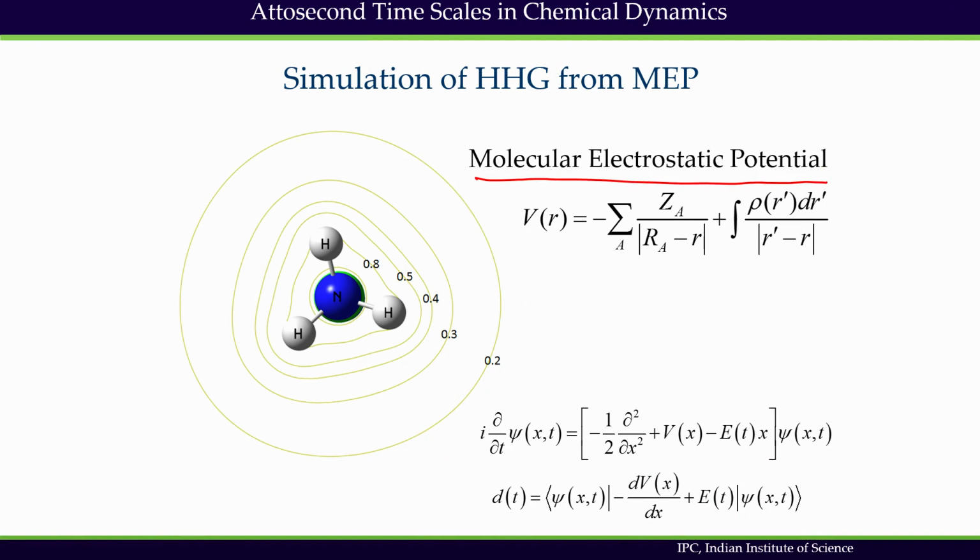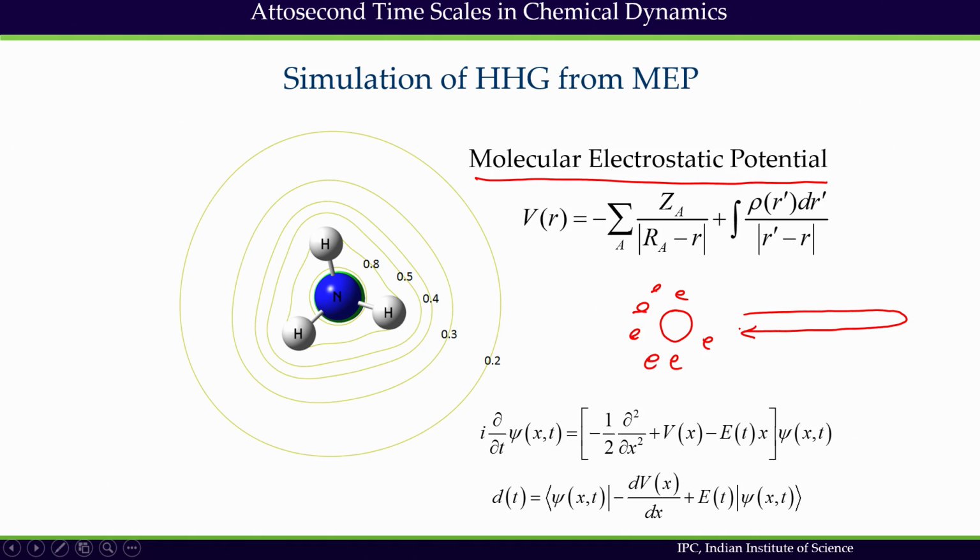Let us say I have an atom. In an atom I have a nucleus, and then I have a lot of electrons here, and one of the electrons I have removed. This electron is making a journey, going away and then coming back and rejoining.